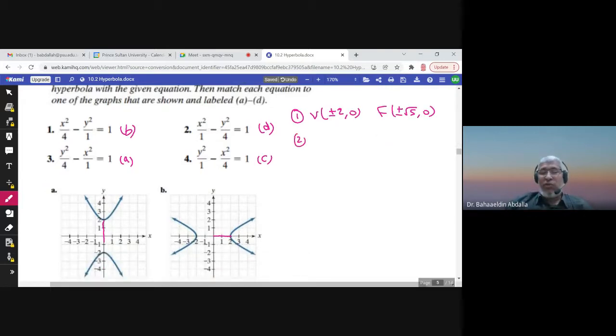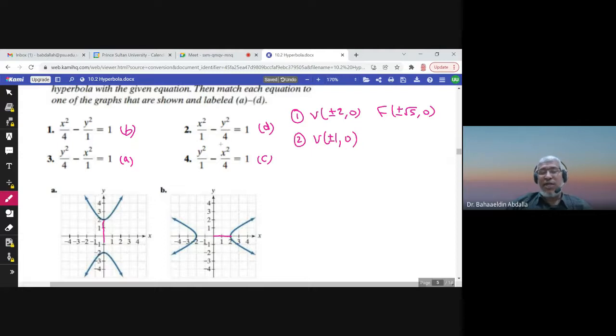For 2, the distance from the vertex to the center is 1. So the coordinates of the vertices are... they are horizontal.